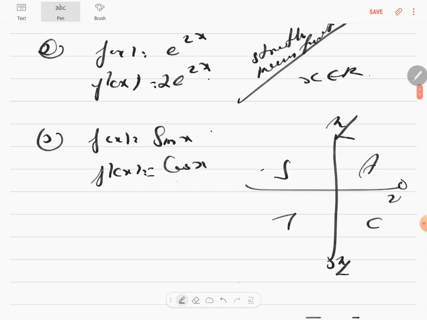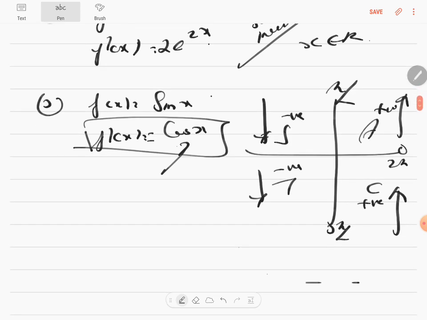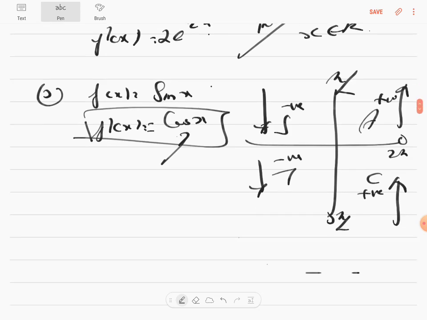From 3 pi by 2 to 2 pi, cos is positive, and cos x is the slope. I know the slope is positive here, so it's increasing. The slope is positive here, so it's increasing. The slope is negative here, so it's decreasing. The slope is negative here, so it's decreasing. I don't have to necessarily equate cos x to 0. I know where cos x can be positive and negative. So when it comes to a trigonometric function, my brain works differently. All school taught children. Are you clear?